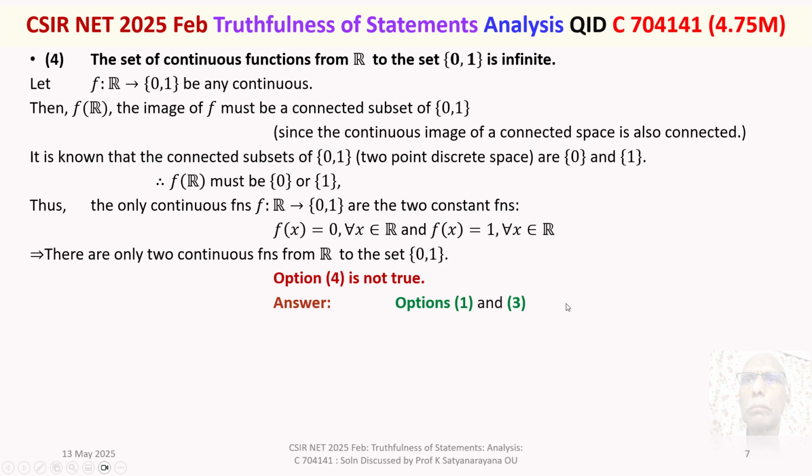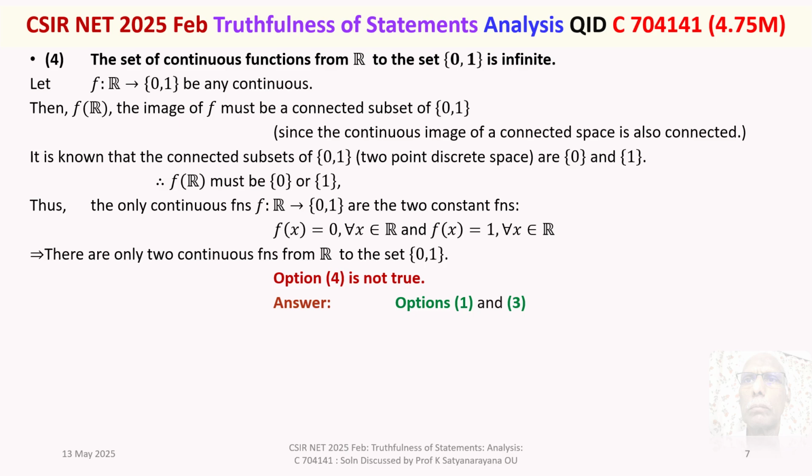The statements given are properties of certain objects. Option 1 is a property of real numbers. Option 2 is a property of sequences. Option 3 is a property of countable sets.